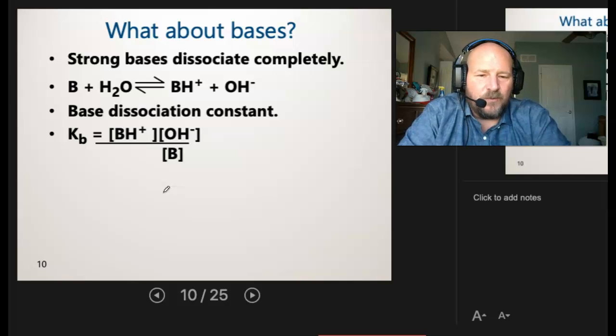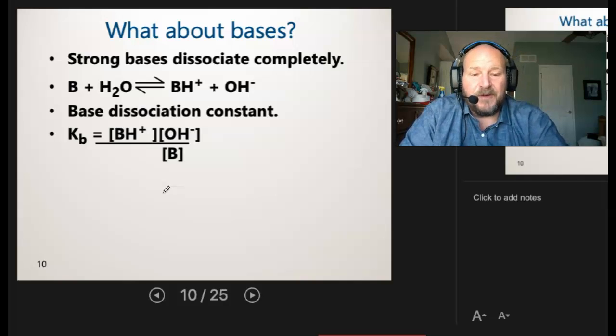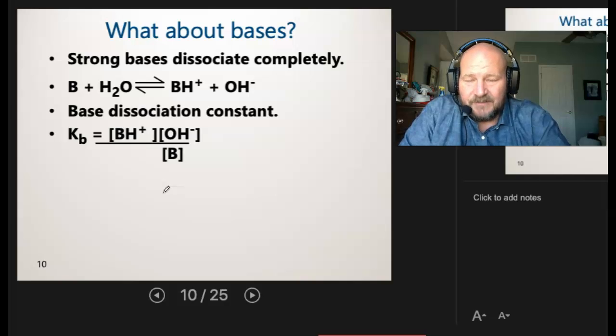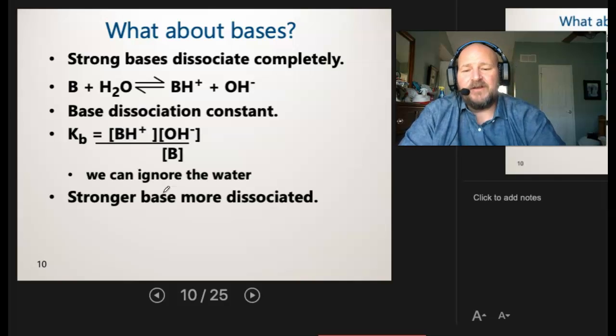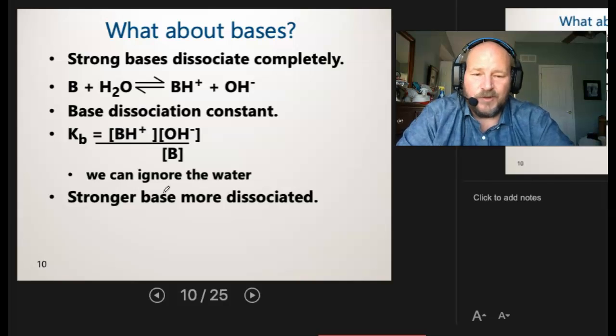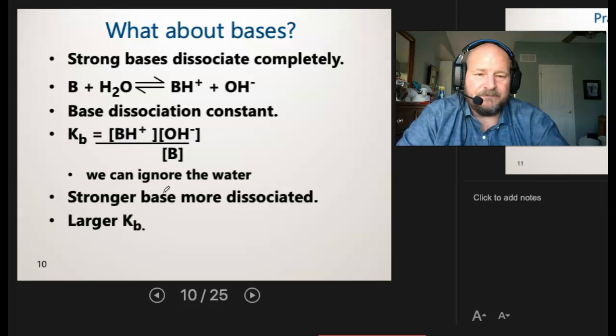And here we're going to ignore the water because whenever we put any of these things in water, there's so much water there that if I worry about the concentration of the water, everything else becomes way too small to deal with. So we're going to ignore the water. The stronger the base, the more it dissociates. We saw that with the acid. So the nice part is it's the same style game. And the larger the Kb is, the stronger the base is going to be.